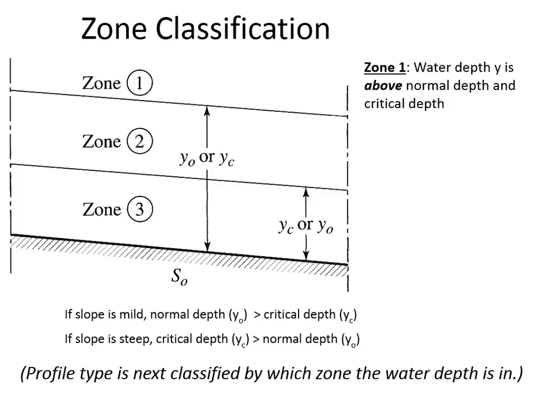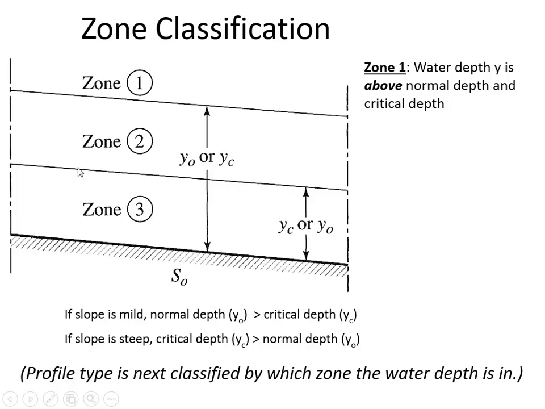Now the next part of it is these zones that I've previously alluded to, zones 1, 2, or 3. And regardless of whether the critical depth is on top or the normal depth is on top, there's still going to be 3 zones. So here you can see it says normal depth or critical depth will be this upper one.